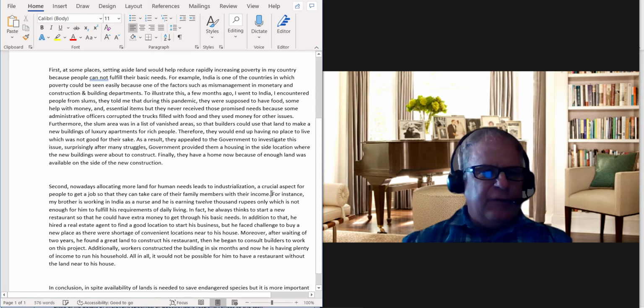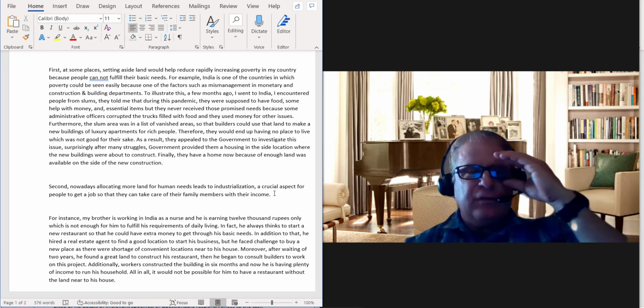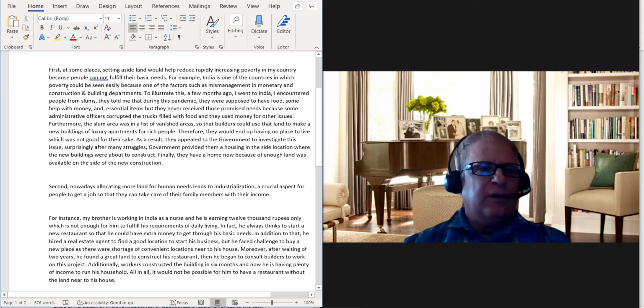So I think if you make some slight changes, the way that I reframe these paragraphs may move them in a different direction, but the topic sentences that I'm creating here exactly restate the purpose of your thesis. So let's look at them one more time. Setting aside land would help reduce rapidly increasing poverty in my country because people cannot fulfill their basic needs.